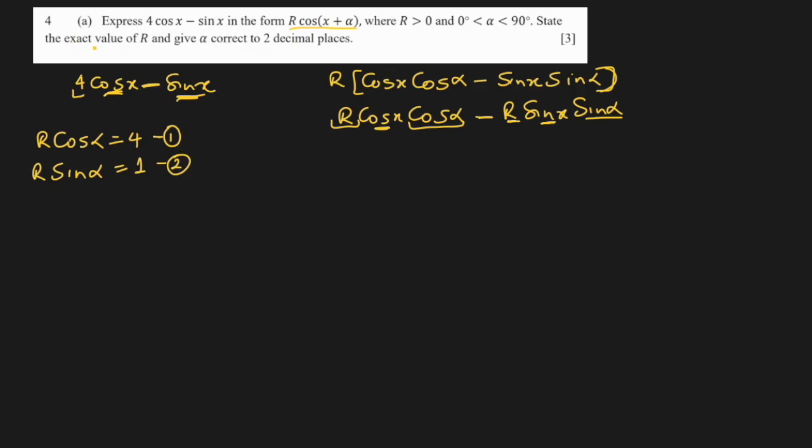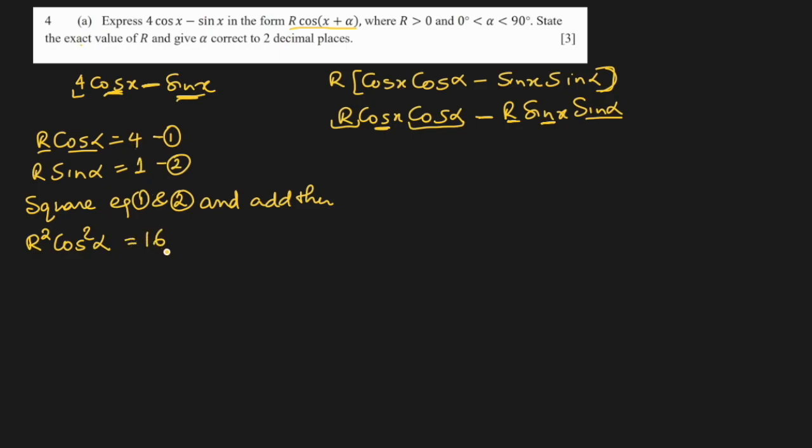They said find the exact value of r. To find the exact value of r, let's square equations 1 and 2 and add them. Square r cos alpha, it becomes r square cos square alpha, and we square the right side also, because we can't square only one side. And then square this one also. It becomes r square sin square alpha equal to 1 square, which is 1, and add them.